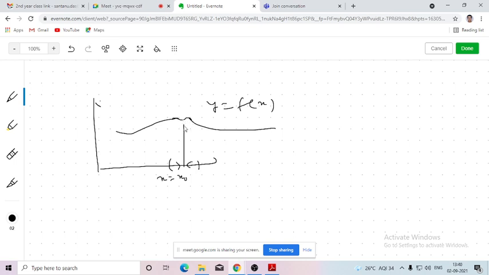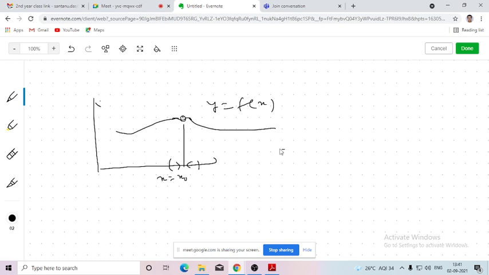Since the exact value doesn't exist here, the function is not directly defined. But a limiting value means there is an approximated value. That means from the left hand side we can approximate, from the right hand side we can approximate, but they are not coinciding. Otherwise the function will be directly defined. So if they are coming closer at this point, then we can consider this as a limiting value of the function at the given point.